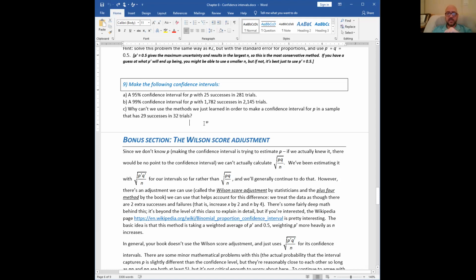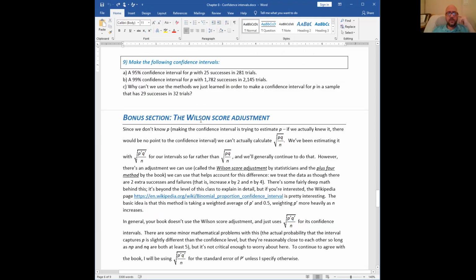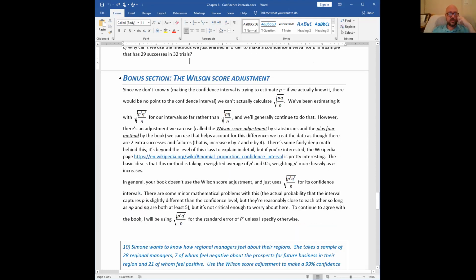Okay. Last thing, which is just extra credit on the test, a little nice to know. It is called the Wilson score adjustment. It's going to sound really random, what we do to do the Wilson score adjustment, but it's got some interesting and kind of deep math behind it. So here's the idea.